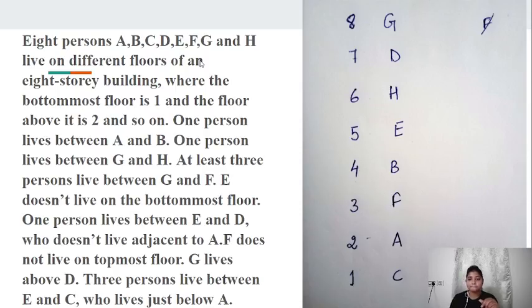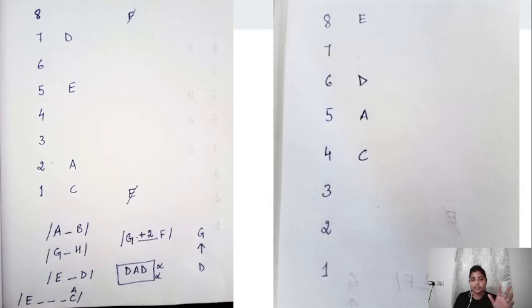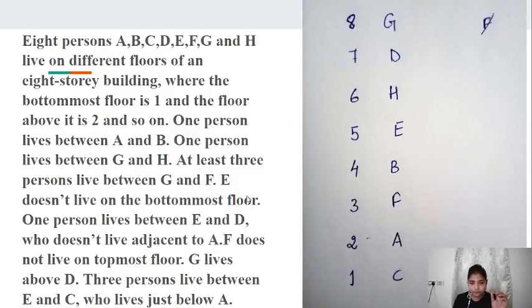So by using the finger rule only, I have solved this puzzle, but in the next puzzle we will elaborate each and every step. See here. So C, A and E are confirmed.